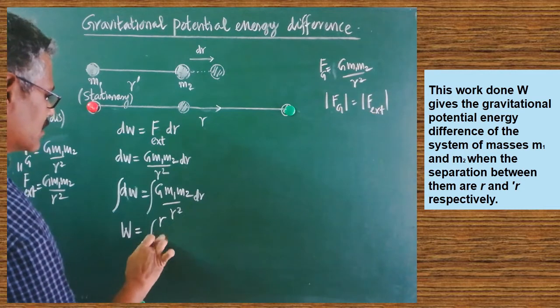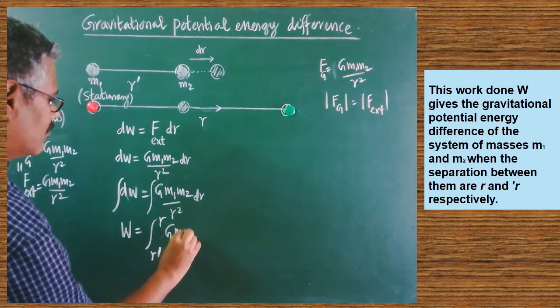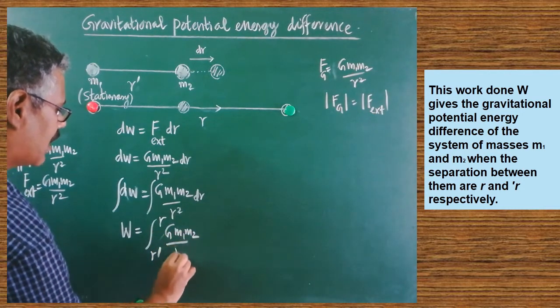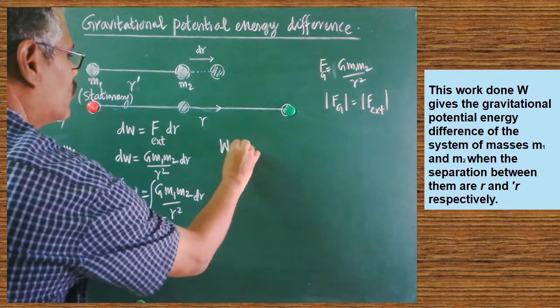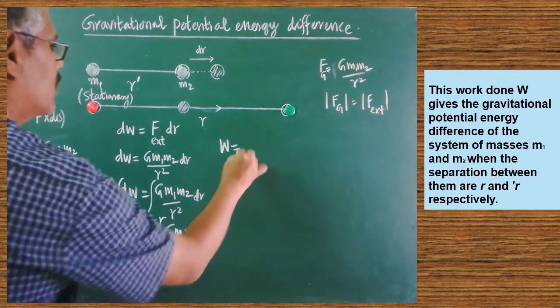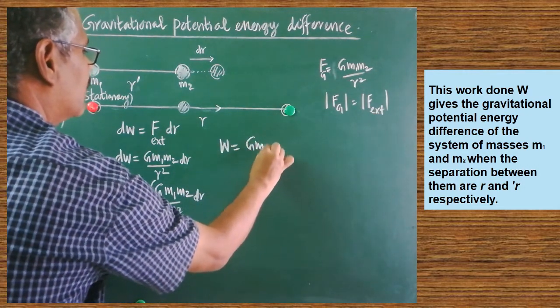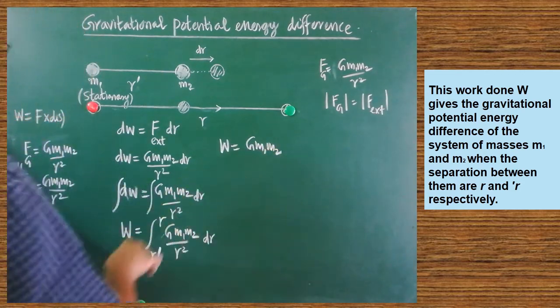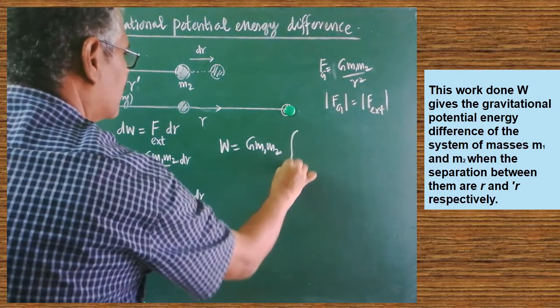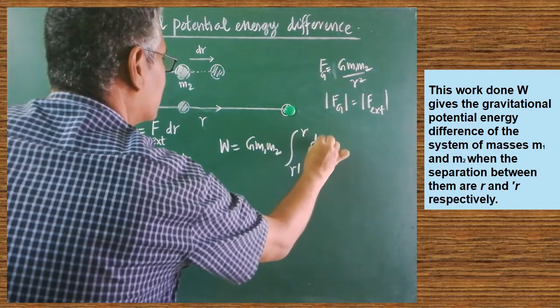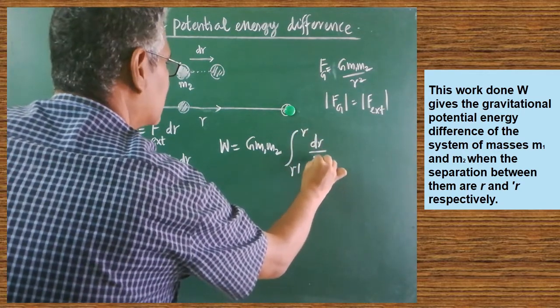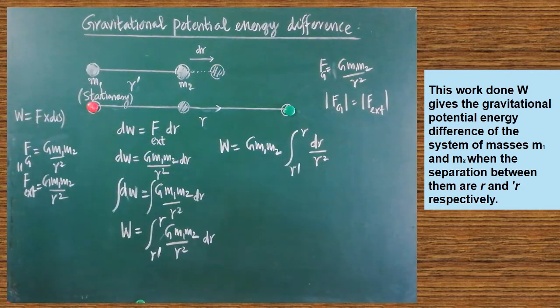So clear? Now write the equation. G m1 m2 divided by r square dr is the formula. Now in the next step, how could it be written? G m1 m2 can be written outside because all are constants. The integration symbol must be written with the limits r dash to r.